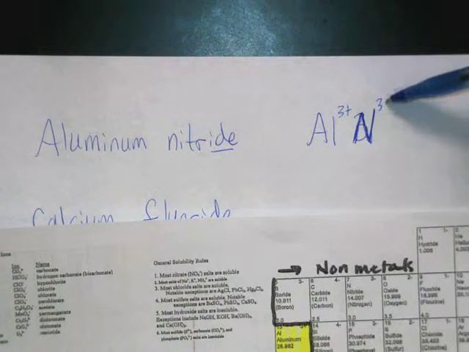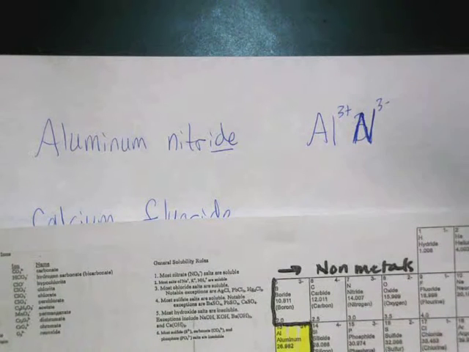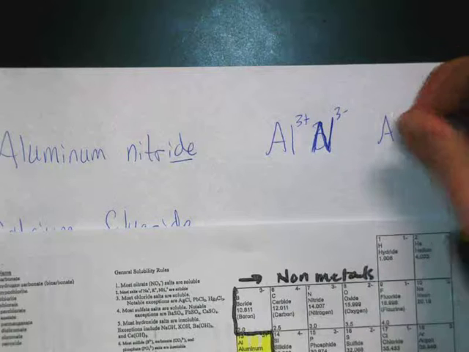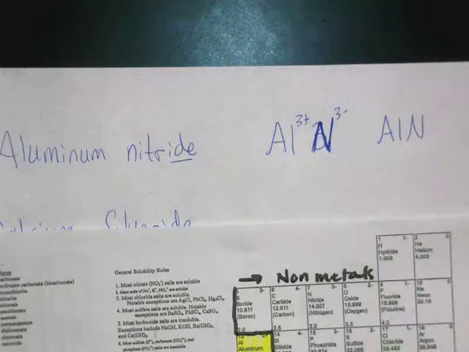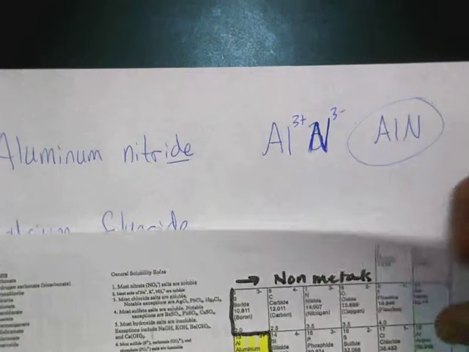Now, this is a 3 plus, this is a 3 minus. They're complete opposites of each other, so these are going to cancel. I don't even need to crisscross them because they are already balanced as is. So I can just write AlN, and that's the formula for aluminum nitride.